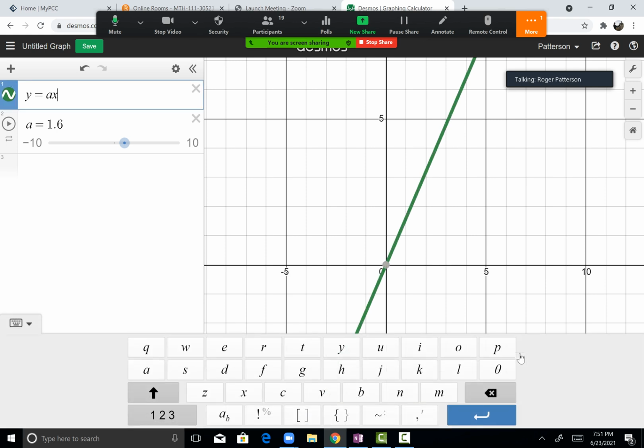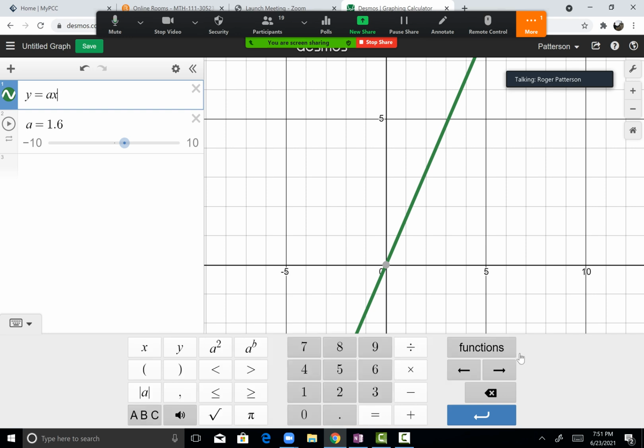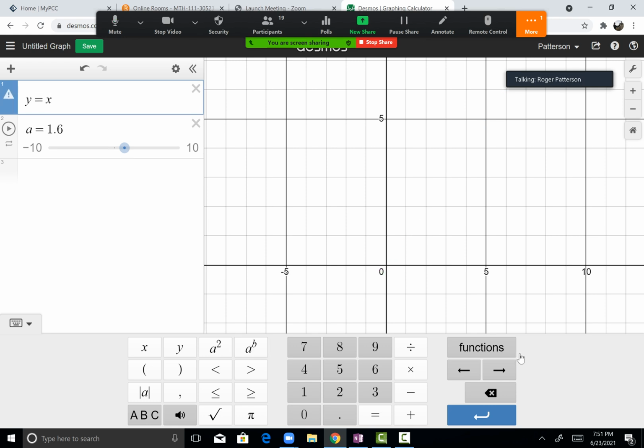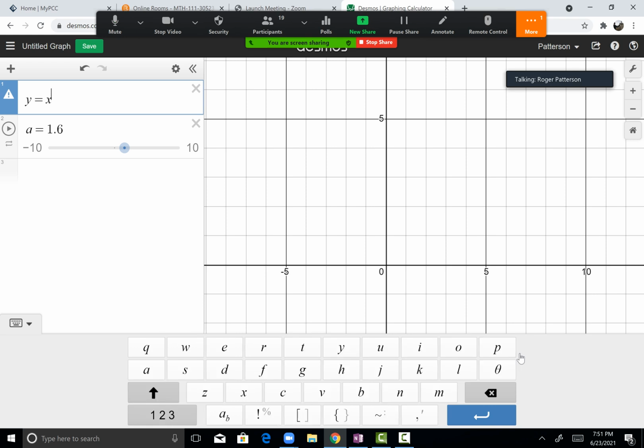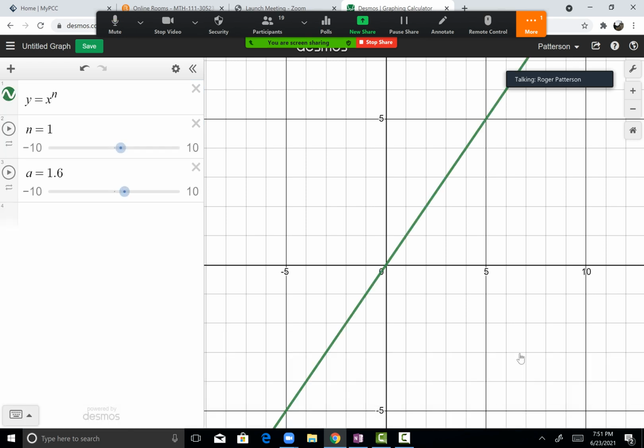But this time, what I'm going to do is I'm going to actually get rid of that A. And I'm going to go x to the, and I'm going to put an n in there. And this time I'm going to add a slider n. I'm going to get rid of this, and I'm going to change this.